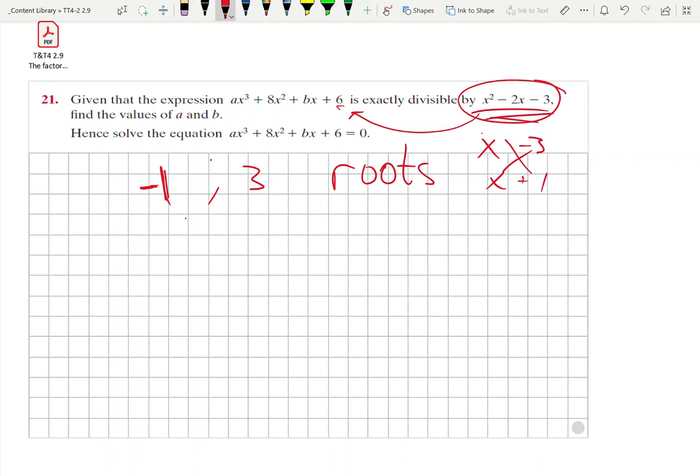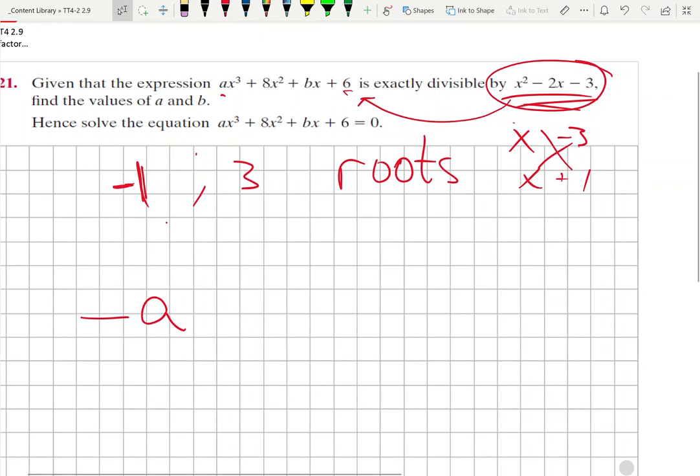So now I'm going to use the factor theorem to sub and get two independent equations in a and b. Subbing in -1 gives me -a, 8, -b and 6.